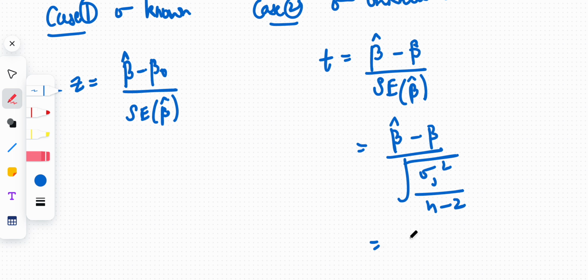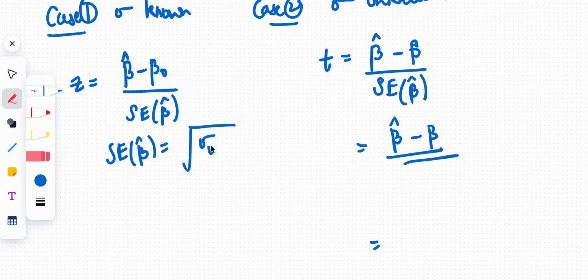Sorry, I made a blunder here. The standard error of beta was, this is what I'll write.